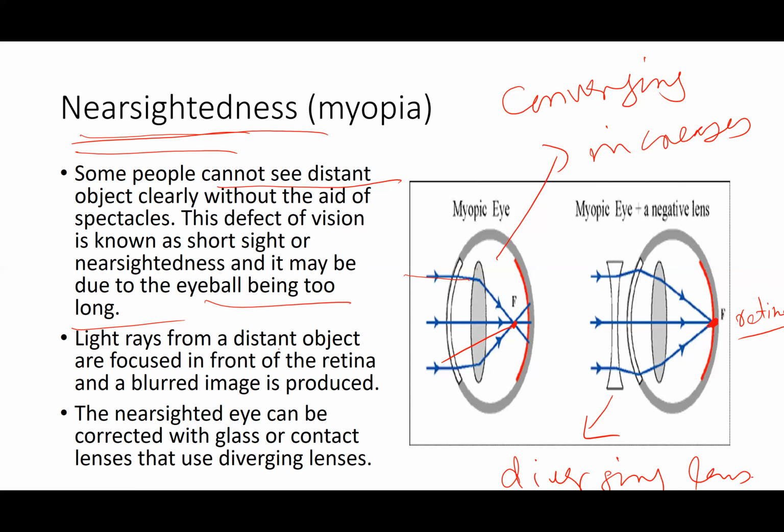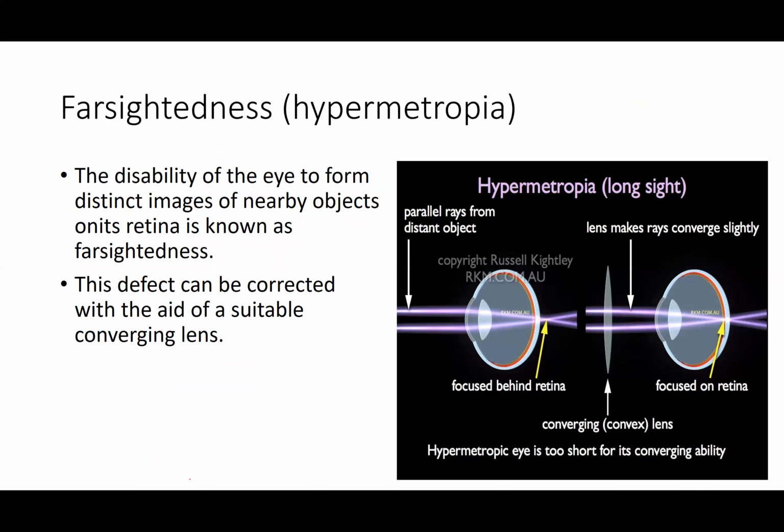Light rays from distant objects are focused in front of the retina and a blurred image is produced. Here the image will be blurred. The nearsighted eye can be corrected with glasses or contact lenses that use a diverging lens.